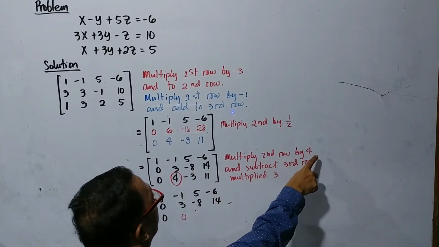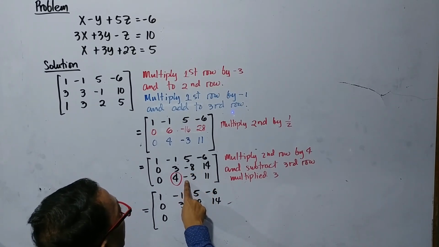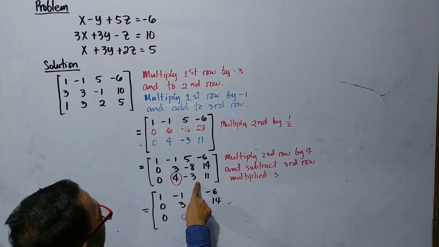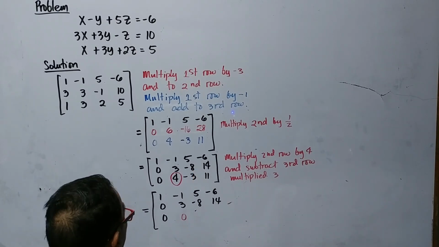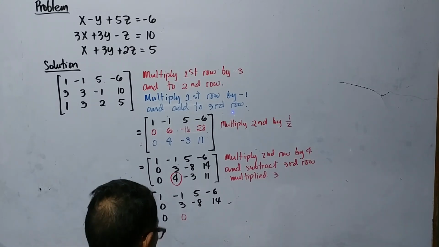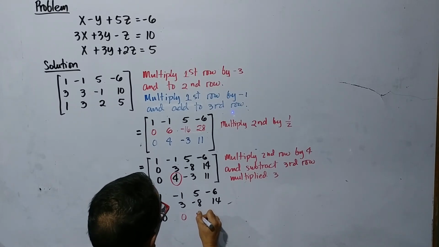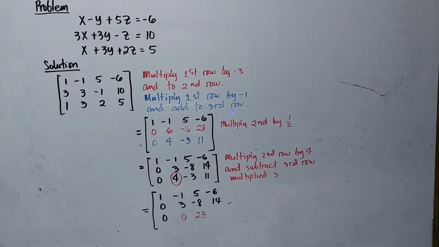Negative 3 times negative 8... 32, minus 9 equals 23.